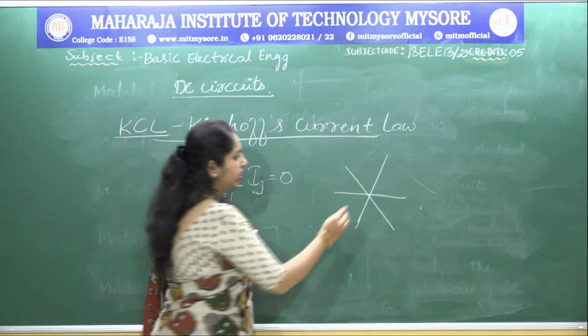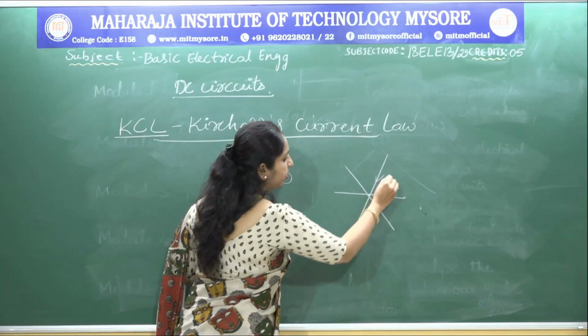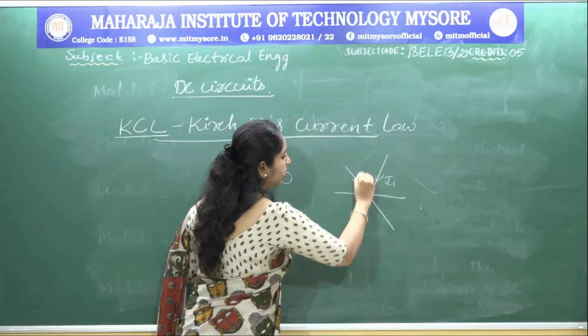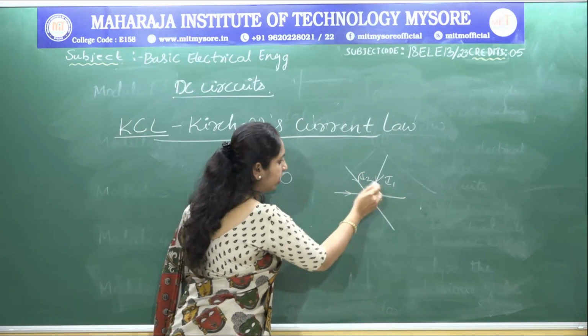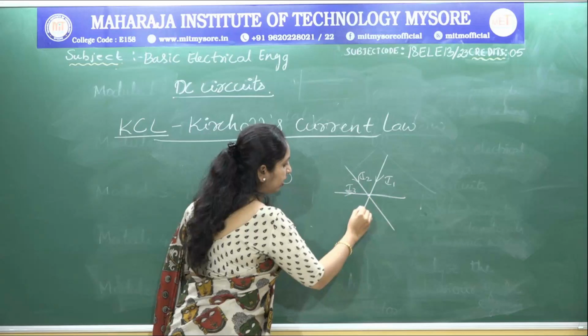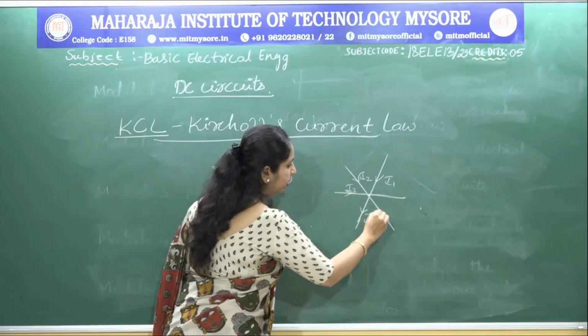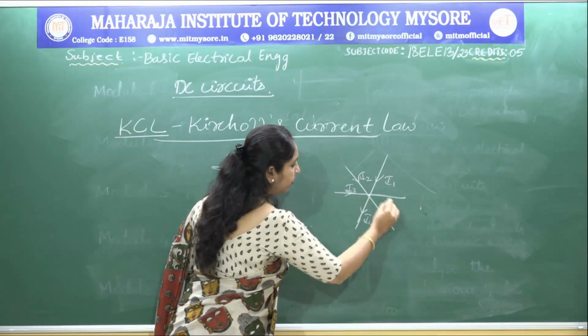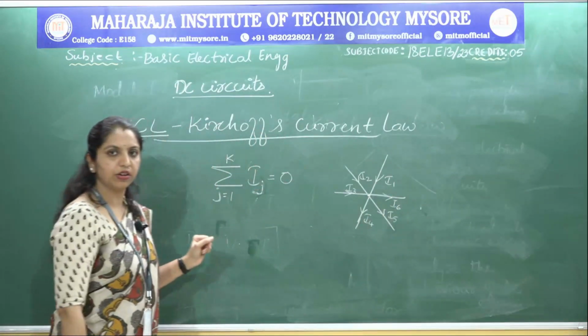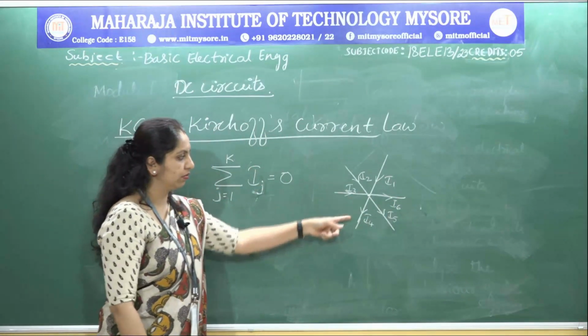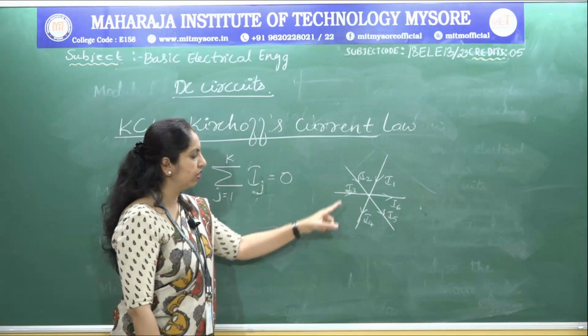Assuming this as I1, this as I2, look at the direction of the current here. I1, I2, I3, I4, I5, I6. Look at this network, or this circuit.